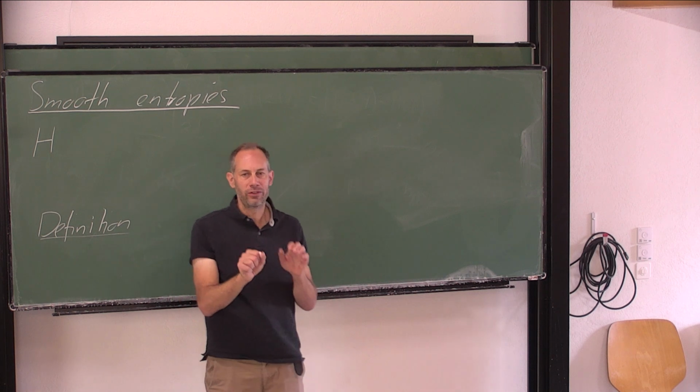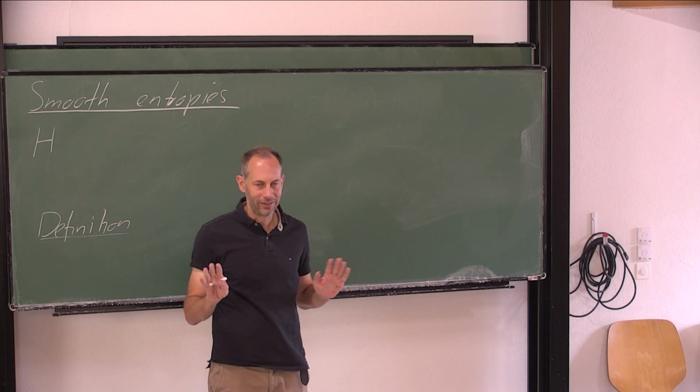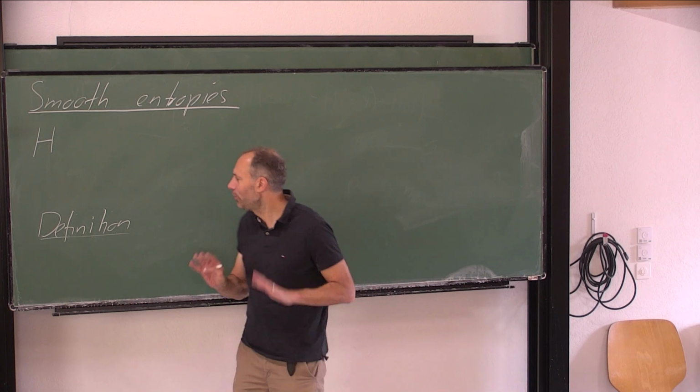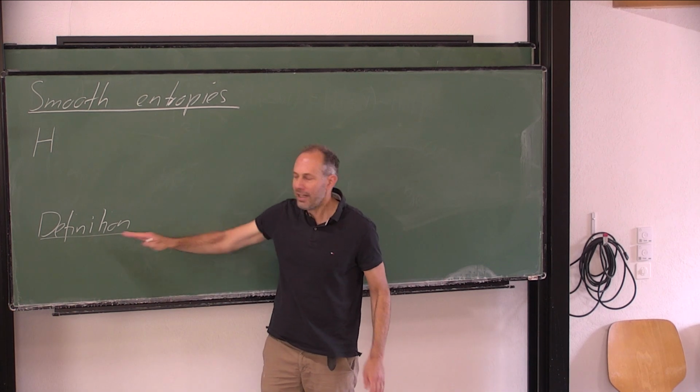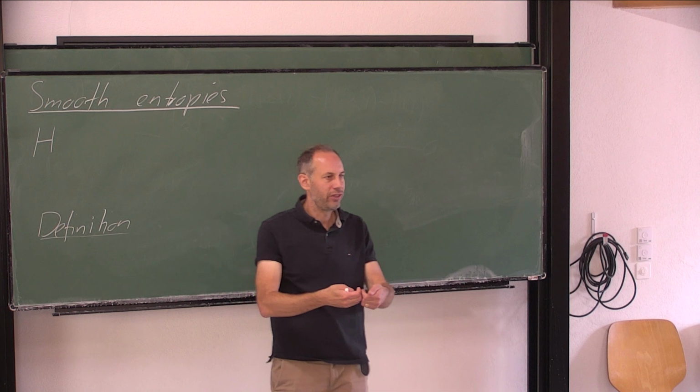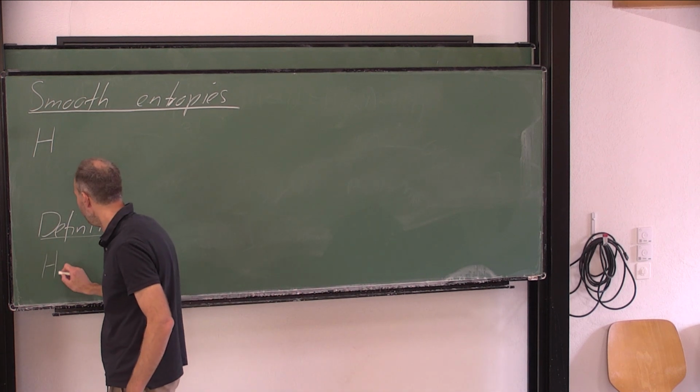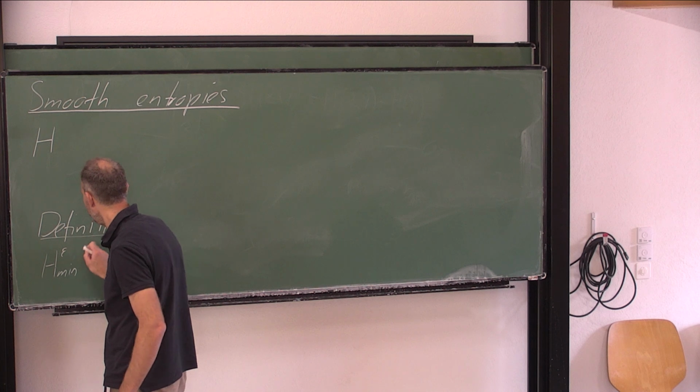If you just use that result as a black box, which is fine, I think this result has been used so often and checked by many people that you can use it as a black box, then in the proof of the two universal hashing, it of course matters what is really the technical definition of, for example, the smooth min-entropy.